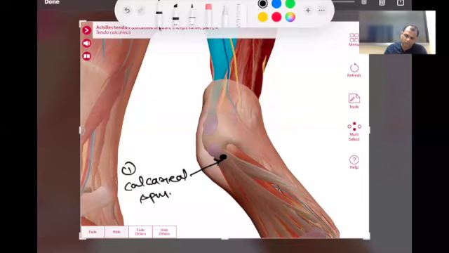And okay, we'll make it cause number 2. The cause number 2 is the tight fascia or called plantar fasciitis.